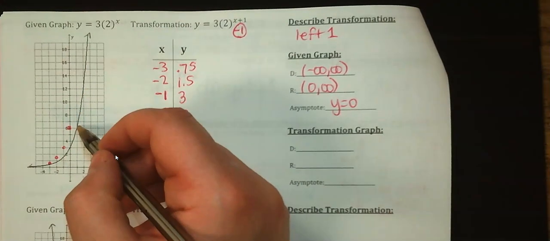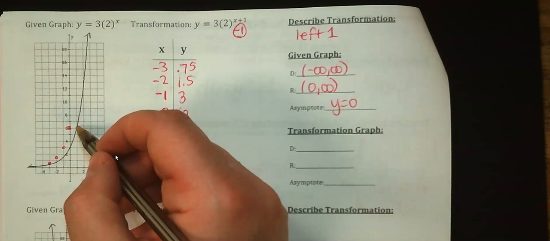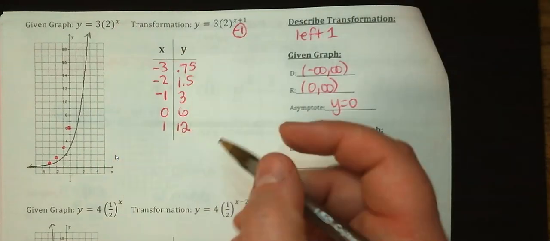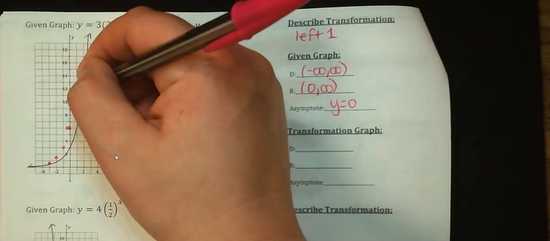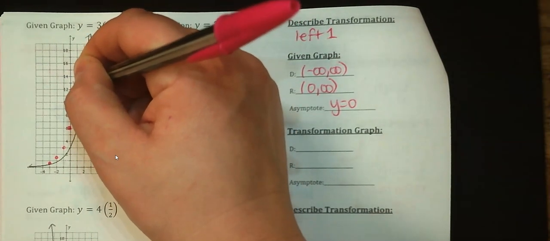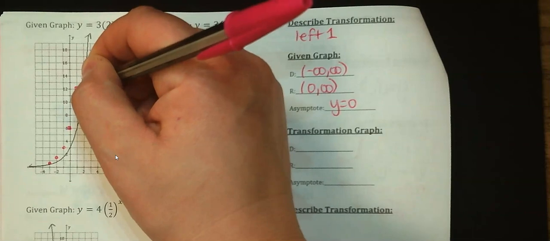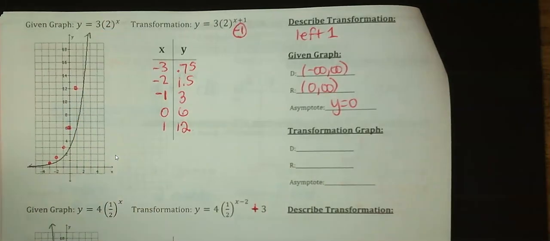The original graph had the point 1.5. So it's just scooching everything over one spot to the left. If I got 1.12, the original graph had the point 2.11. So the new graph has the point 1.12. And what is the asymptote for this new graph?